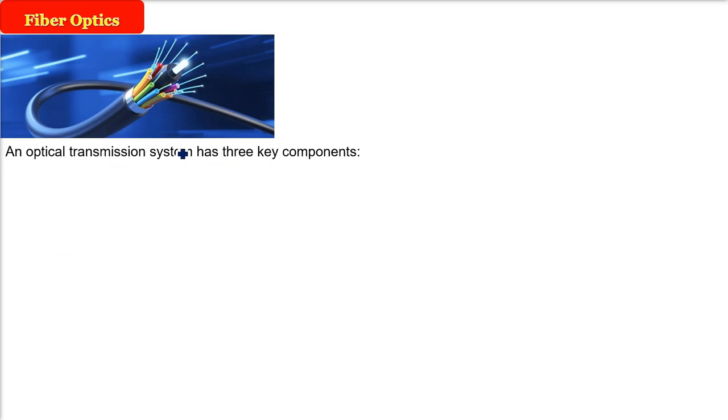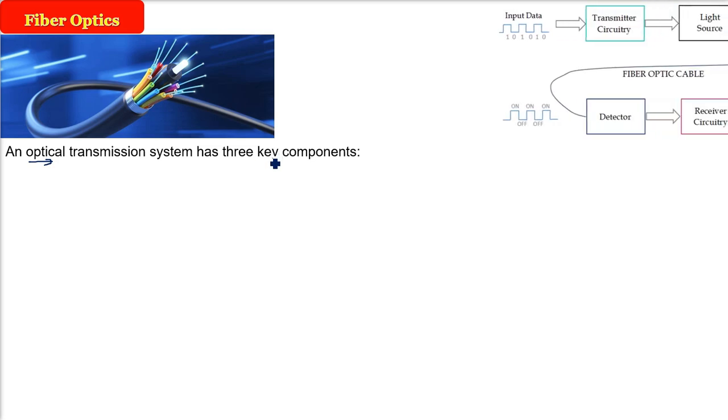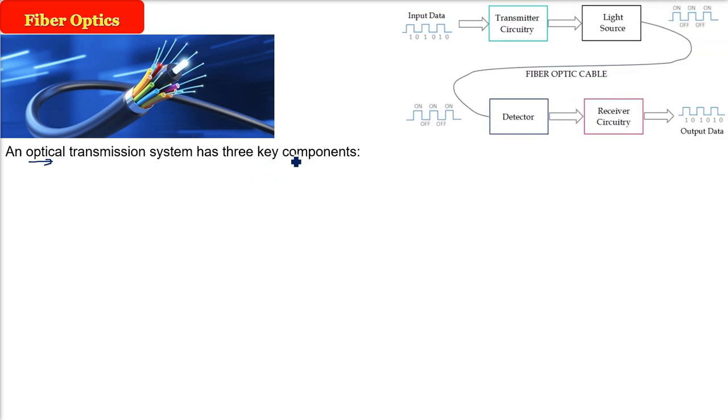An optical transmission system has 3 key components. When we are talking about fiber optics, this is an optical transmission system because it is using light. The first is the light source. The second is the actual transmission medium.